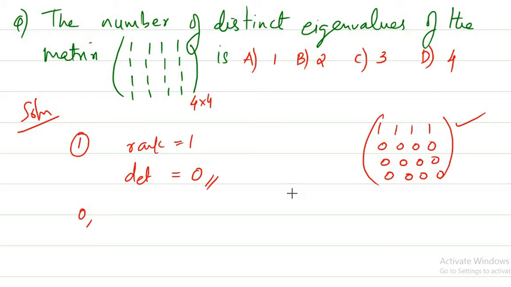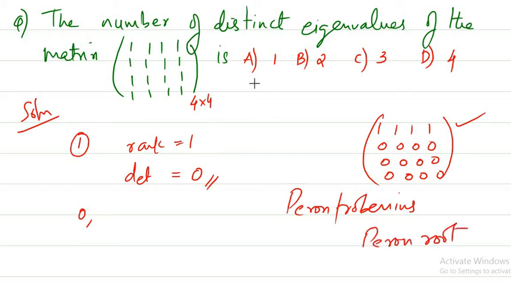If all the entries in the matrix are strictly positive, then the largest eigenvalue will lie between the lowest row sum and the highest row sum. Here you can see all the row sums are 4. So the largest eigenvalue will lie between 4 and 4. That means one of the eigenvalues is basically 4.